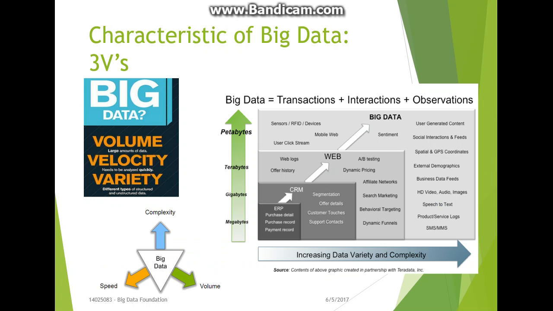For the characteristics of big data, users normally say it has three Vs: volume, velocity, and variety. You can see in the picture an illustration of the size and the increasing variety and complexity of data.